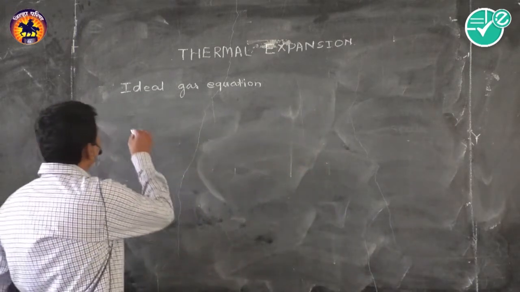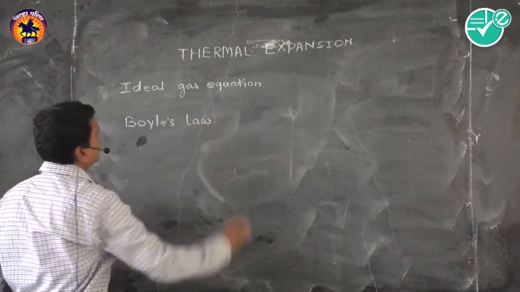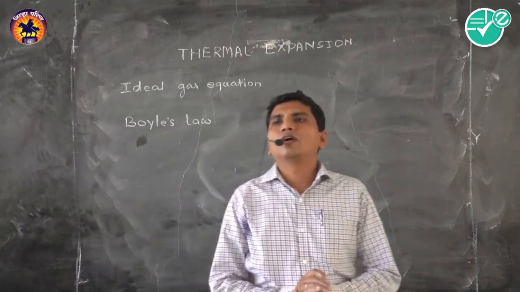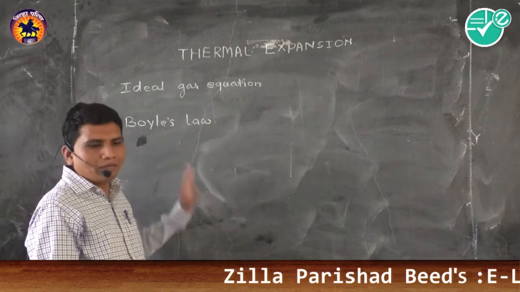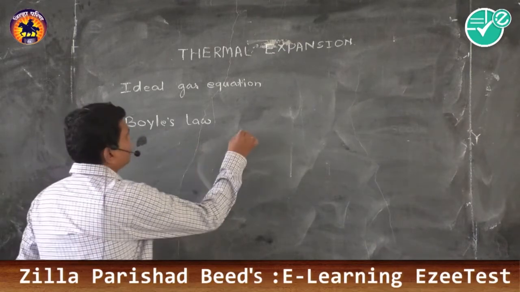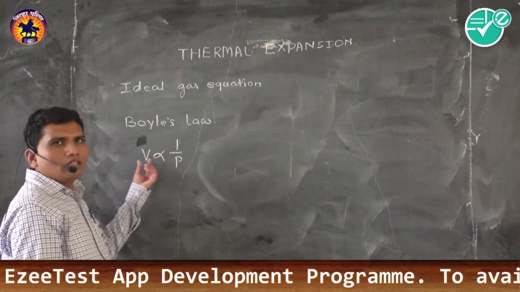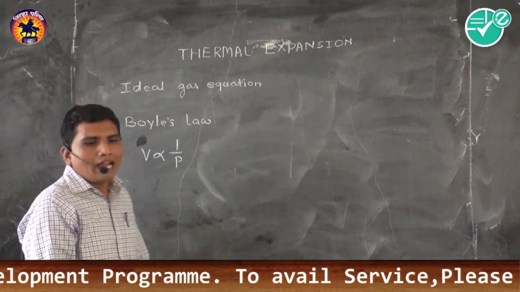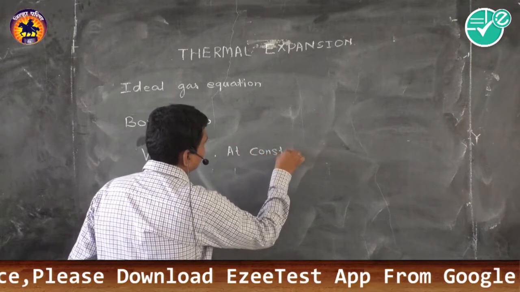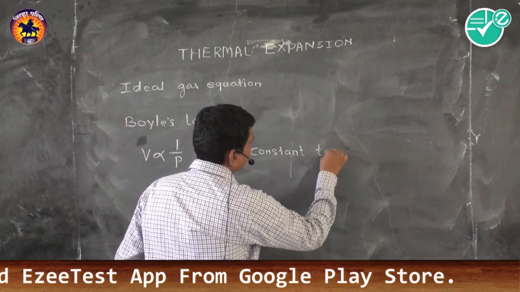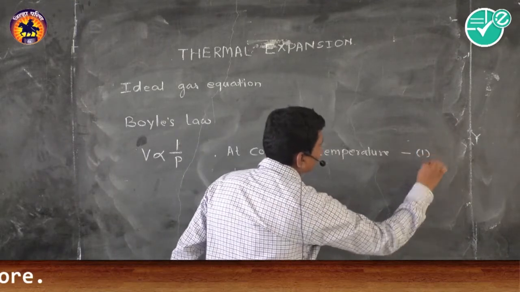From Boyle's law, we have the mathematical expression: V is inversely proportional to P at a constant temperature. Let us call this equation 1.